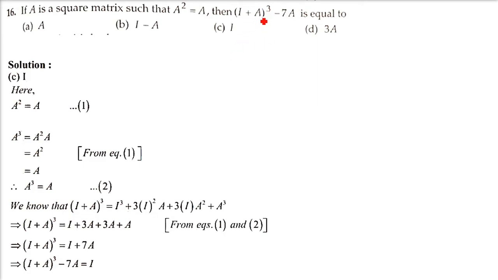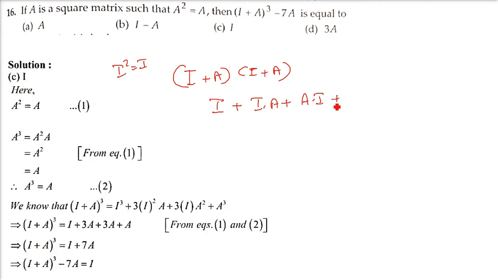We are not going to apply the A plus B whole cube formula. That is not valid for matrices. So we'll first multiply I plus A with I plus A. So I into I is I square, that is I only. Then I into A, then A into I, then A square.